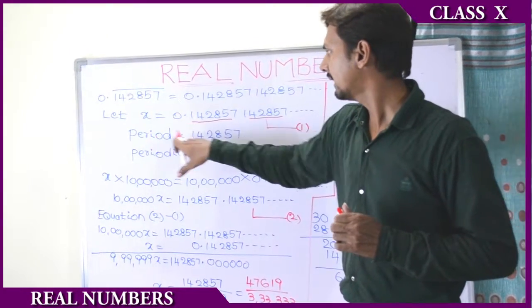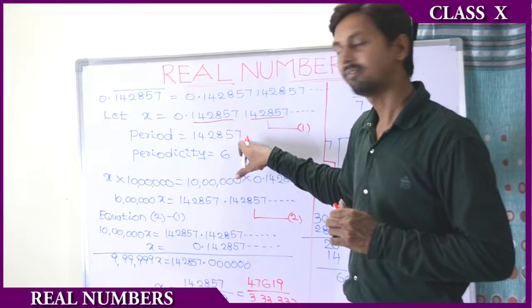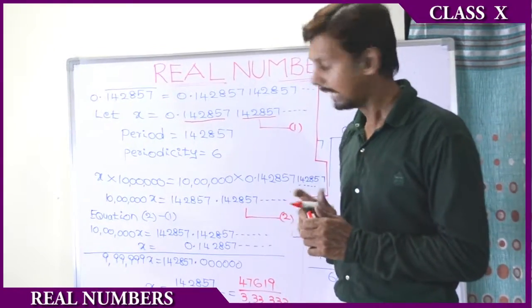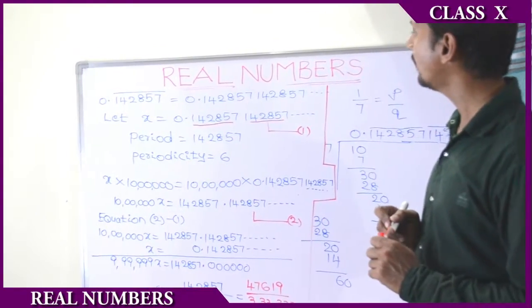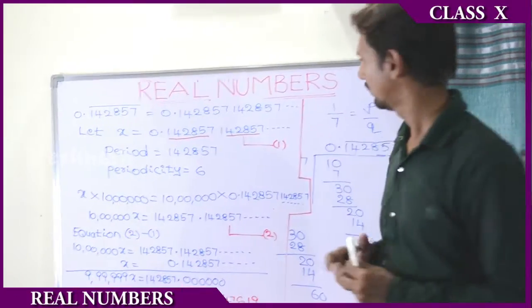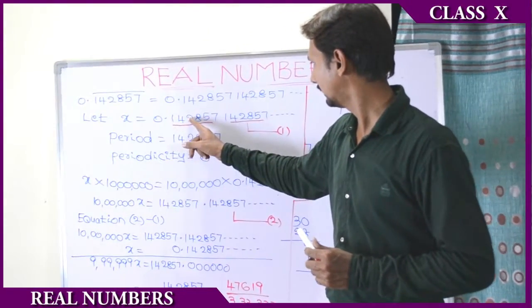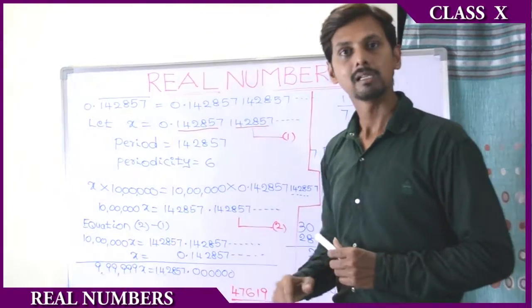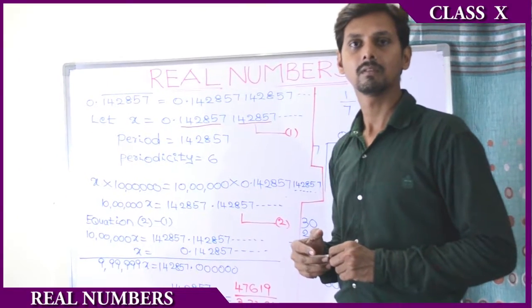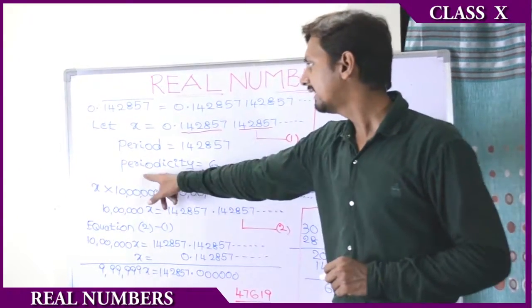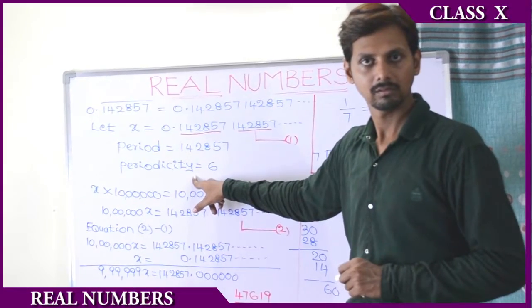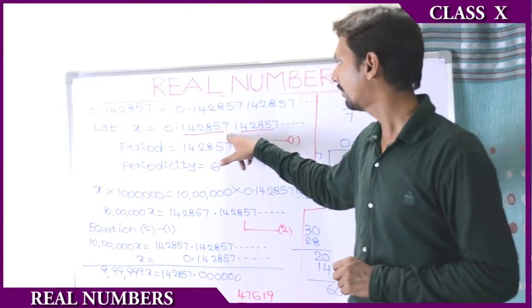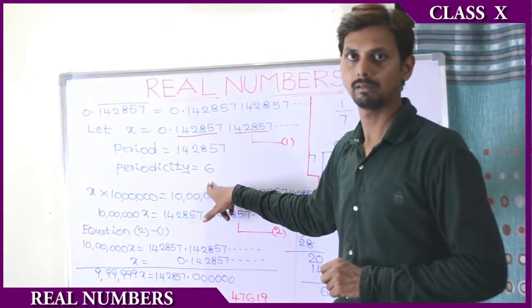So period is equals to 142857. And let us see how many decimals are repeating in this. 1, 2, 3, 4, 5, 6. 6 decimals are repeating. This is called periodicity, that is 6.